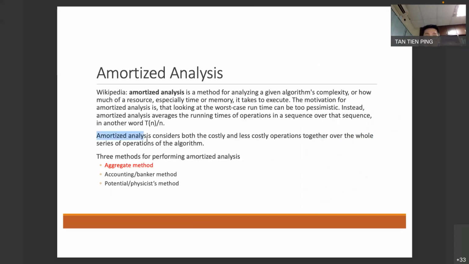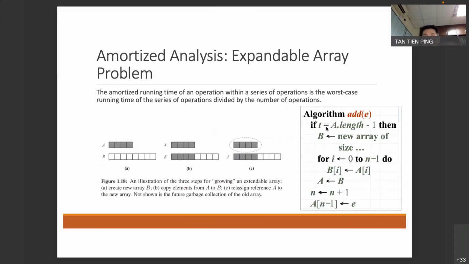Over here also, amortized analysis considers both costly and less costly operations together over the whole series of operations of the algorithm. So there are certain times it is more costly, especially when the array is full. So we need to create a new array and then copy items from array A to array B, right? So this is the more costly operation.